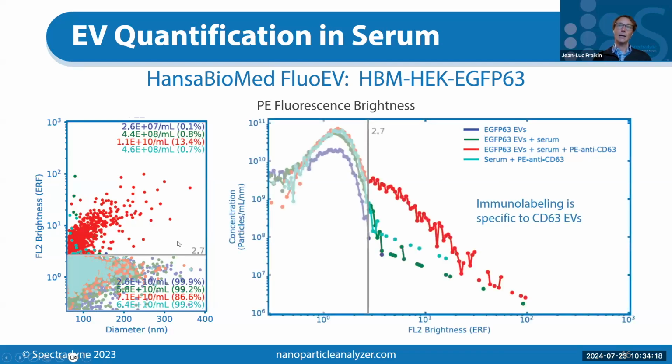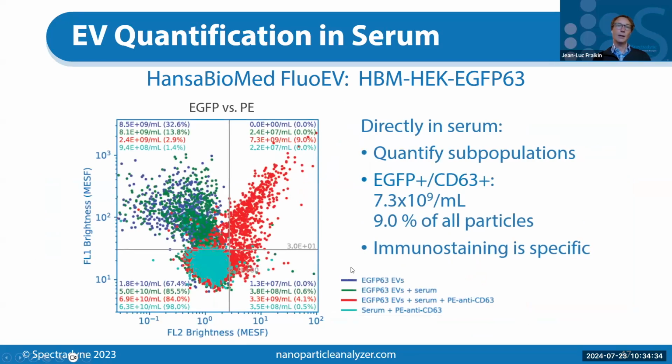And we can look at that again in terms of the brightness distribution. So all the samples except for the red one have a very low concentration of fluorescent particles in our PE channel. That's because they didn't pick up the stain at all, right? Finally, one more view of this measurement, like we were looking at before, is this two-dimensional fluorescence cross quadrant plot, where we've got GFP brightness on the y-axis and PE brightness along the x-axis.